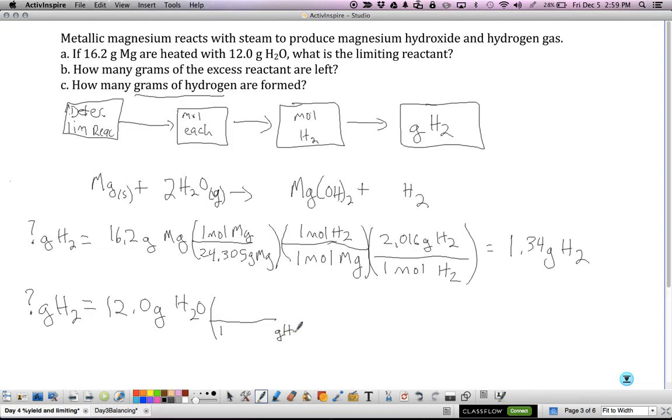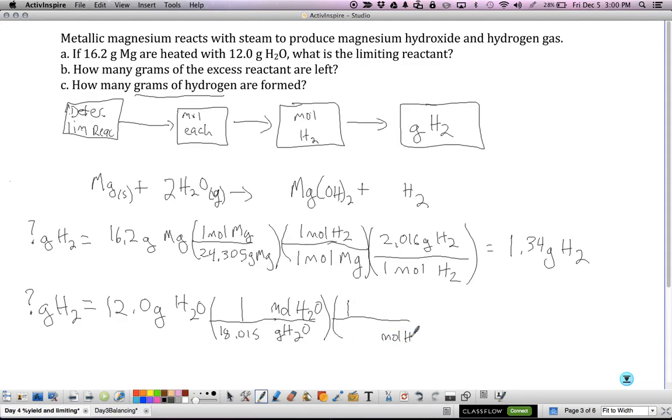So I'm going to put my grams of water down here, and I can't go straight from grams of water to grams of hydrogen, right? So I'm going to go through moles of water. And this is molar mass. So the coefficient in front of the mole is always 1. And this is 18.015.